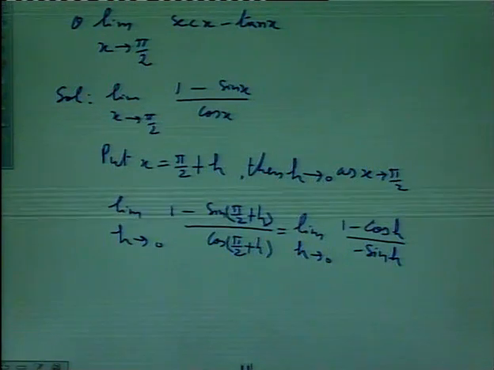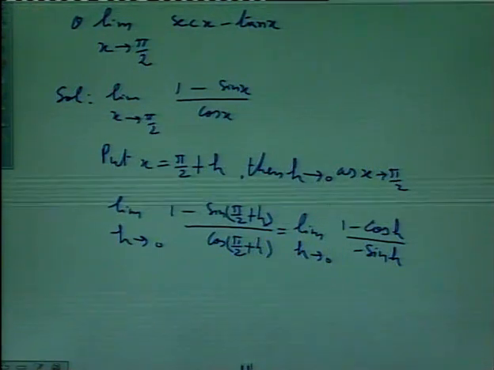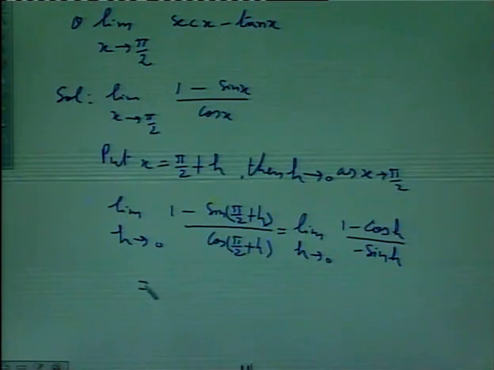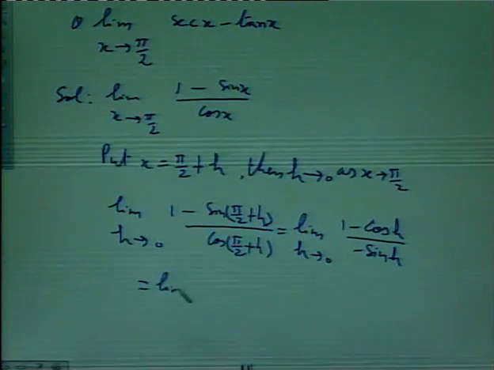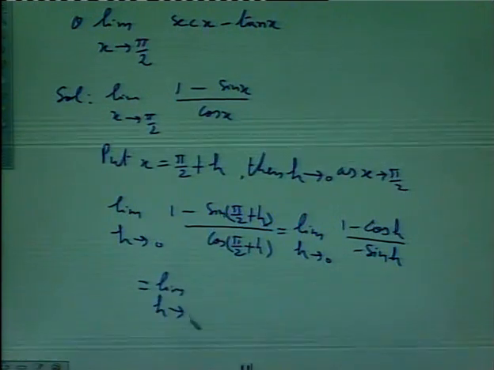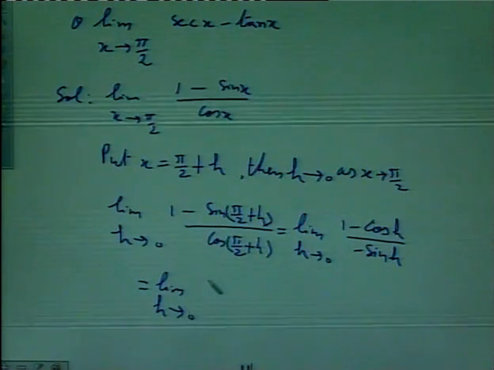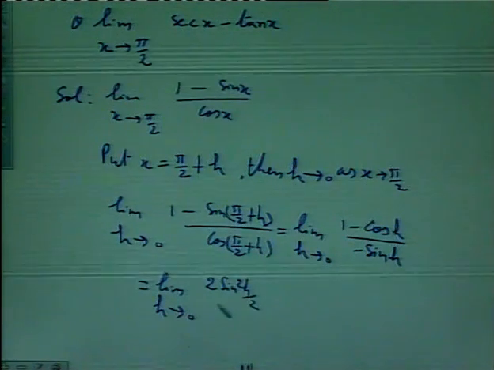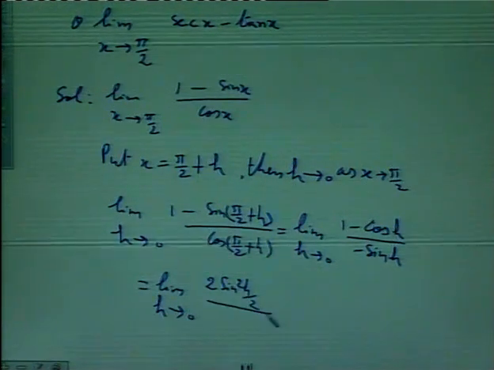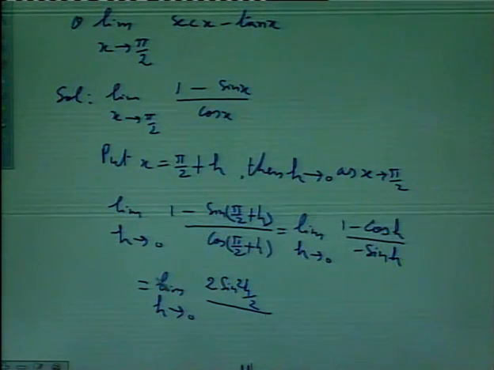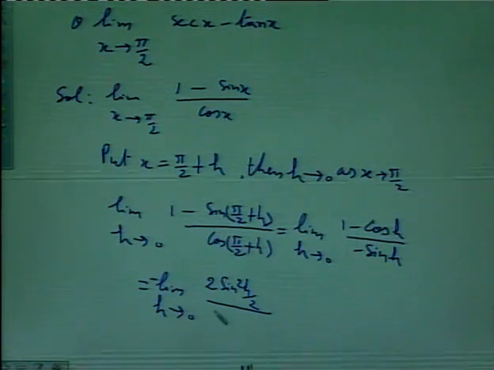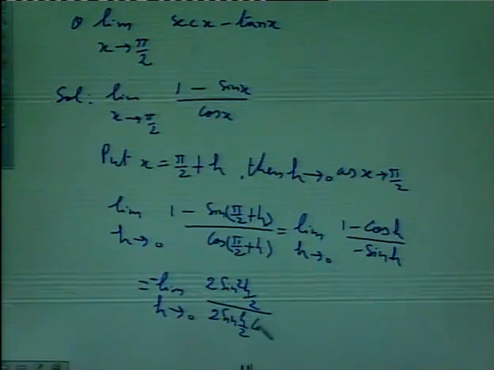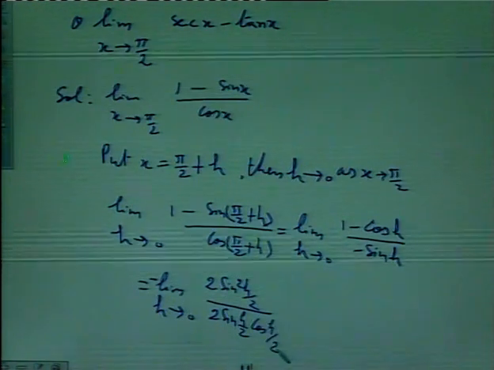So, again here we apply the trigonometric formula. According to that formula, limit h tends to 0, it becomes 2 sin square h by 2, and for the denominator, the negative sign we take outside, 2 sin half of the angle cos half of the angle.